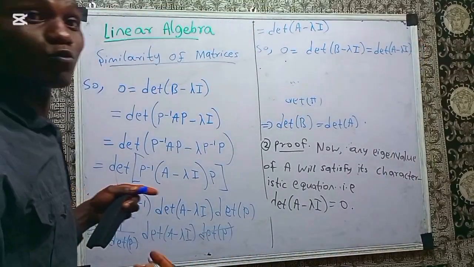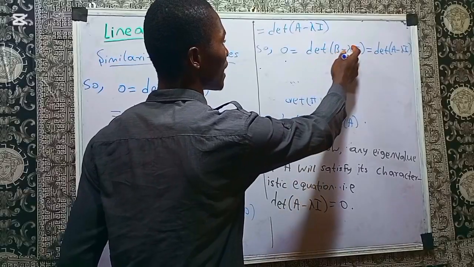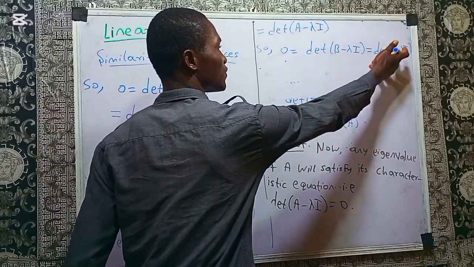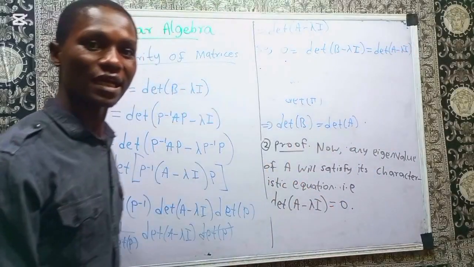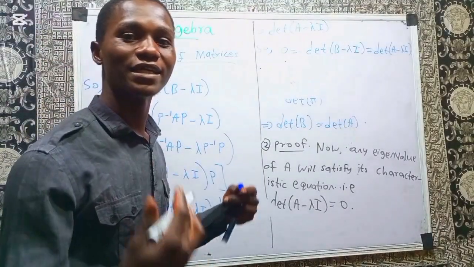Their characteristic equation is the same, because the determinant of B minus lambda I is the same thing as the determinant of A minus lambda I. So it's the same characteristic equation you're going to get. So the same eigenvalues.